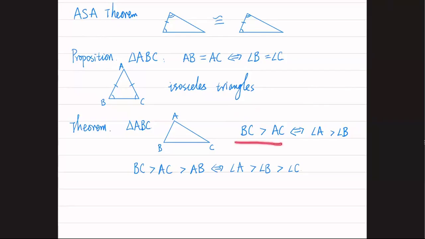Why are they equivalent? Did we prove this in one step or in two steps?